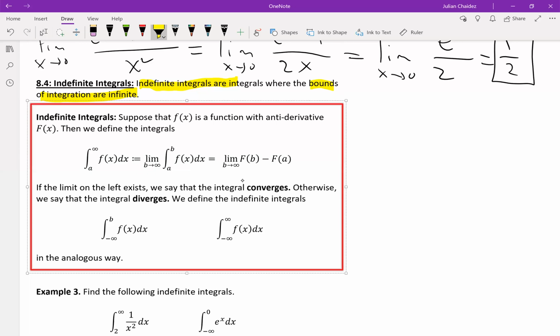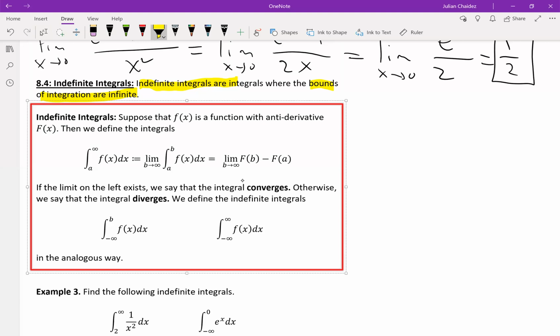All that means is that to take an integral from a to infinity, I take an integral from a to b for some finite b, find a formula for that integral in terms of b, and then evaluate what that formula does as b goes to infinity.